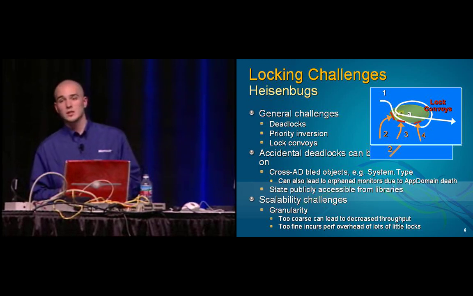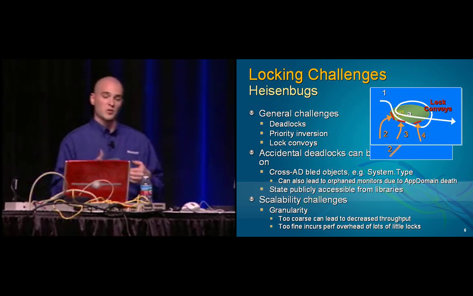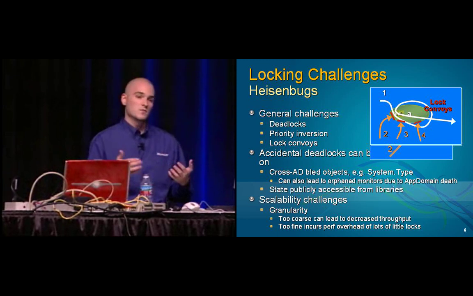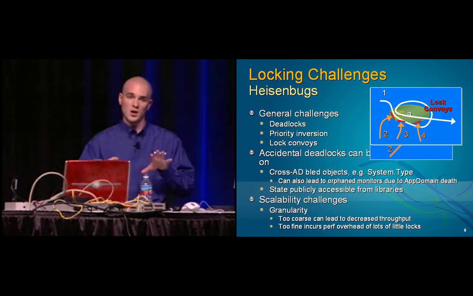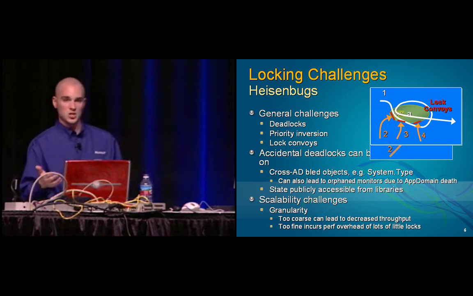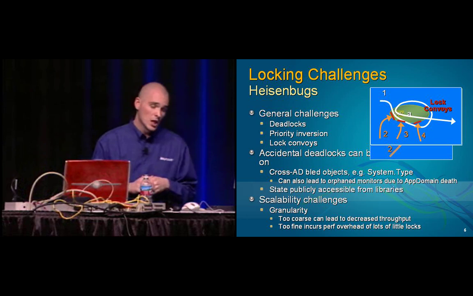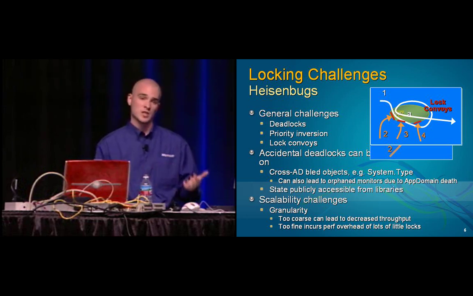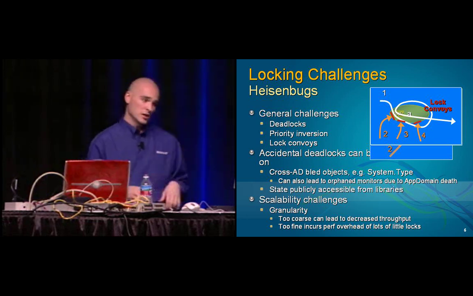But conversely, a lock that's too fine has a performance overhead, because if the code you execute within the lock is very small in terms of cost, the lock acquisition and release could actually dominate the cost of computation. And furthermore, it can lead to deadlocks if you're taking things out of order again.